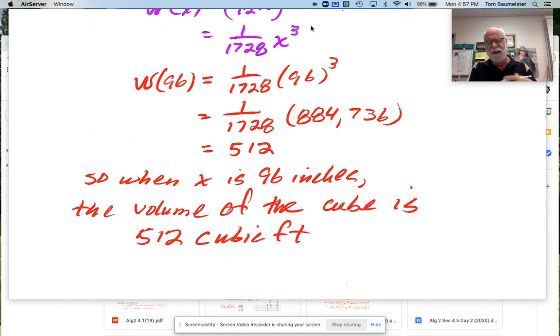Remember, you could write that as feet raised to the power 3. That should help you with your word problem for the homework.